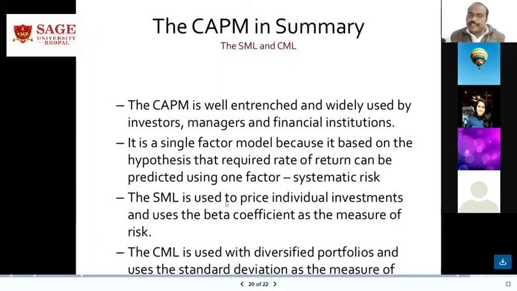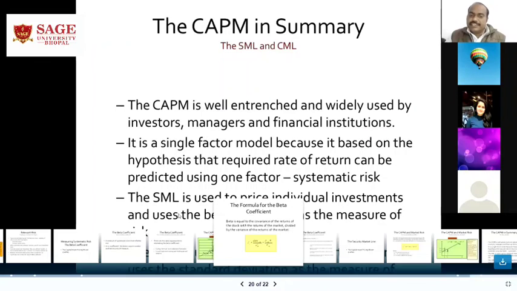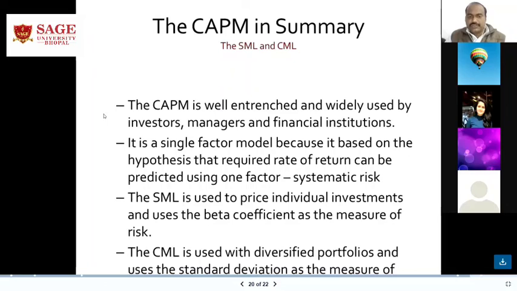And here we are using SML and CML in order to price these securities. SML is used to price individual investments and uses the beta coefficient as a measure of risk, and CML is used for diversified portfolios and uses the standard deviation as the measure of risk.